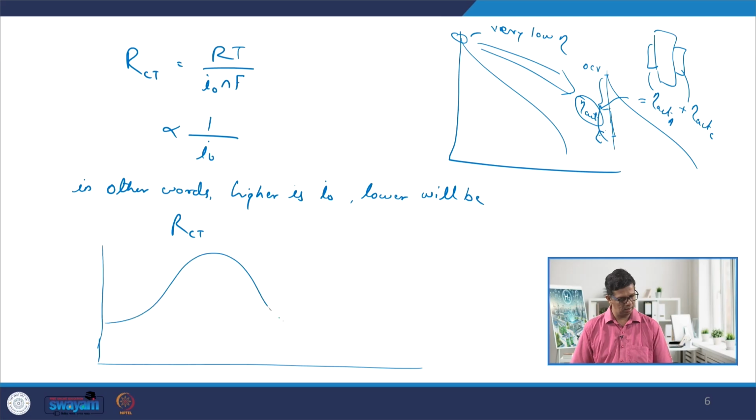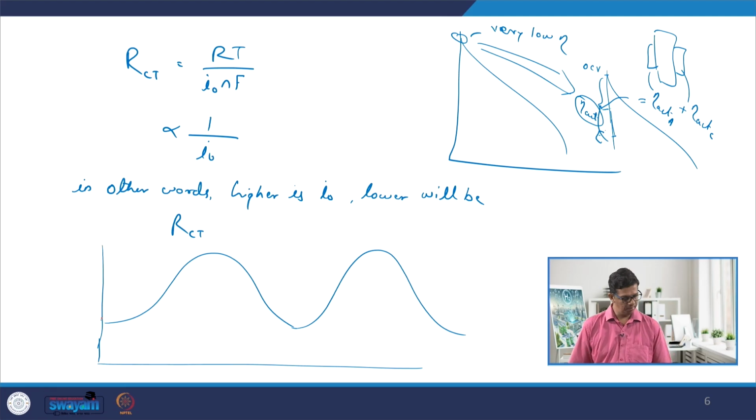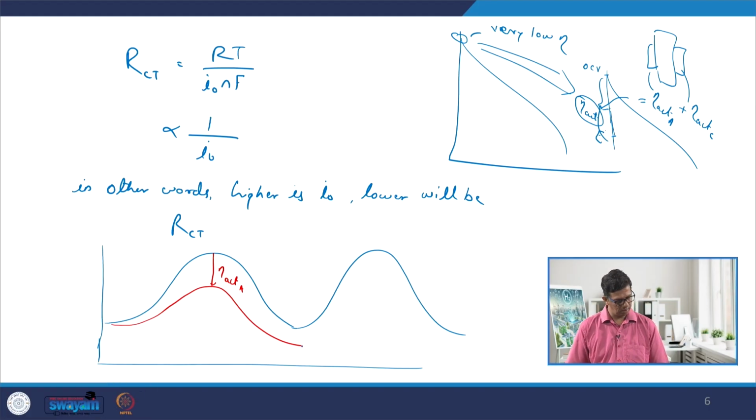If I try to simplify this using the conventional reaction barriers, it will be like this. Initially it is at equilibrium. When we get the imbalance in the system and we want to favor the forward reaction, this is our first eta activation, let us say anode, and similarly we also have, let me draw it with a different color, for the secondary electrode, this is eta activation cathode.